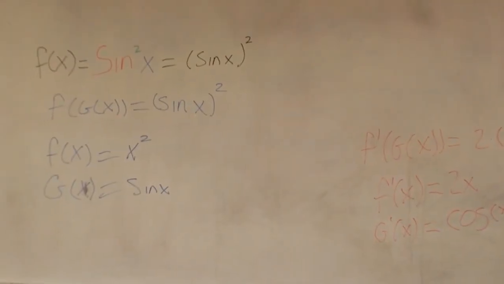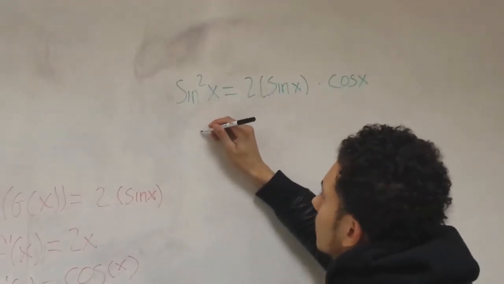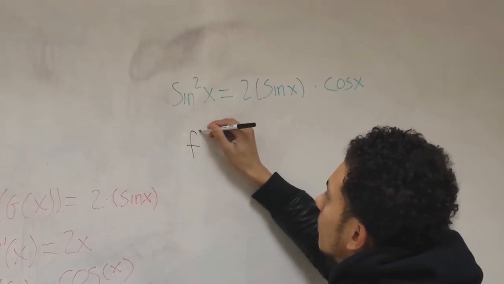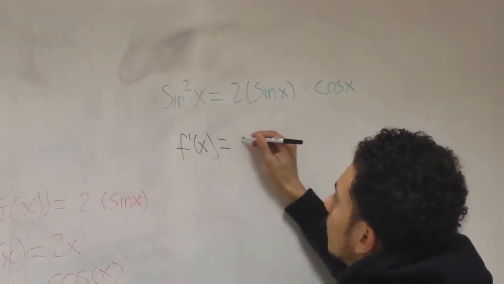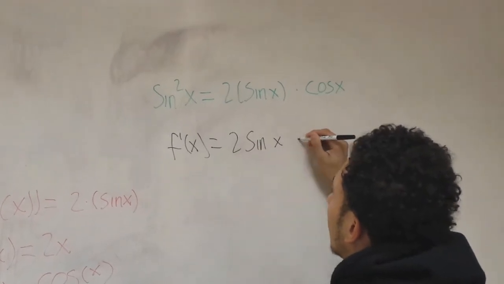Now that we have all the components, your final answer will be written as f prime of x equals 2 sine x times cosine x.